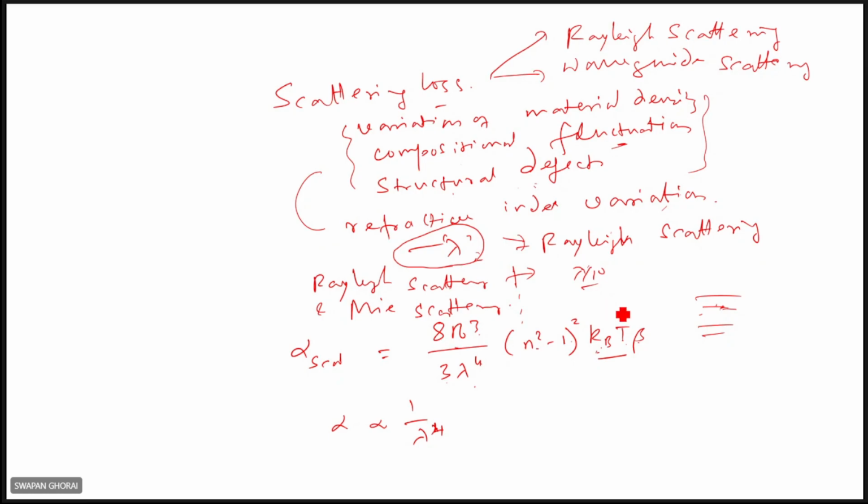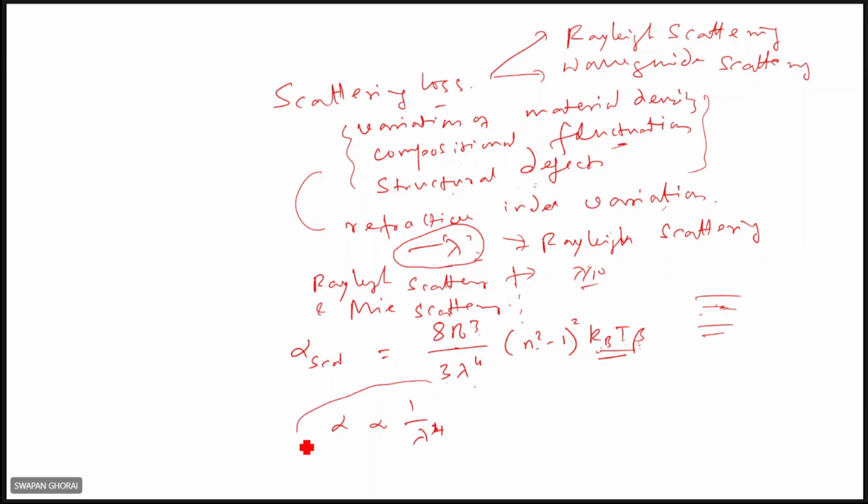And beta is the isothermal compressibility of the material. So these are the parameters: Boltzmann's constant, temperature, and the thermodynamic parameter, isothermal compressibility.